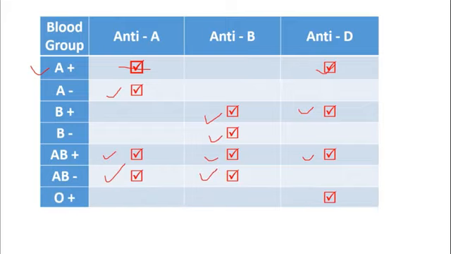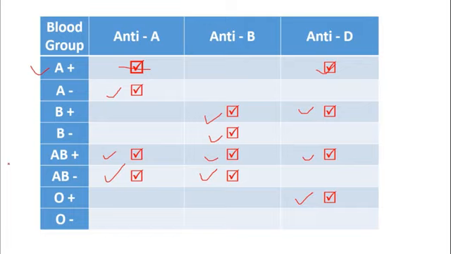In persons of blood group O positive, you will find agglutination only in antisera D. And in persons of O negative blood group, you never find agglutination in any of these antisera solutions, because they don't have any agglutinogens, neither A nor B.